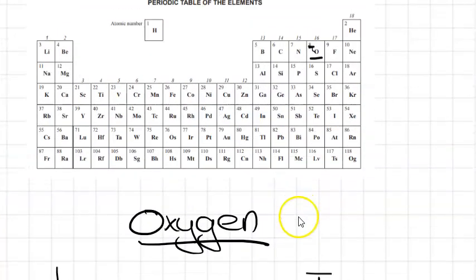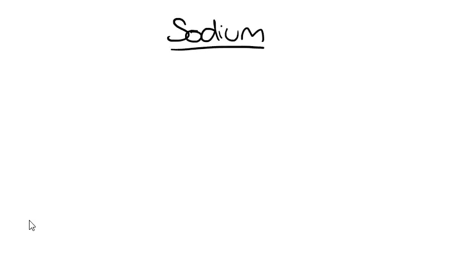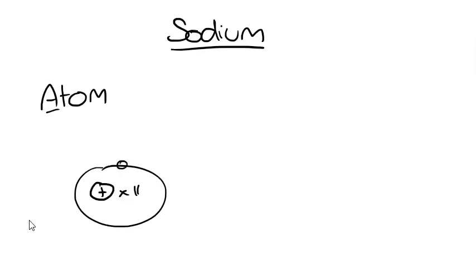So let's look at another one on the other side of the periodic table. Let's take sodium for an example. So we've got the atomic number of 11. The atom has 11 protons, so we're going to have 11 electrons in its shells.